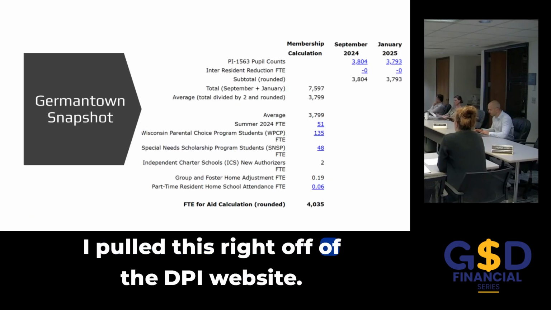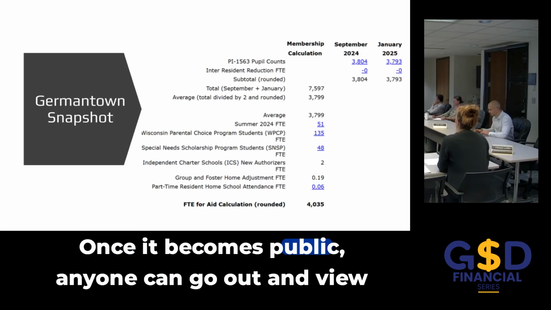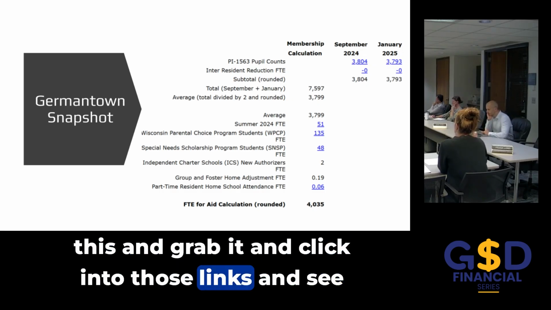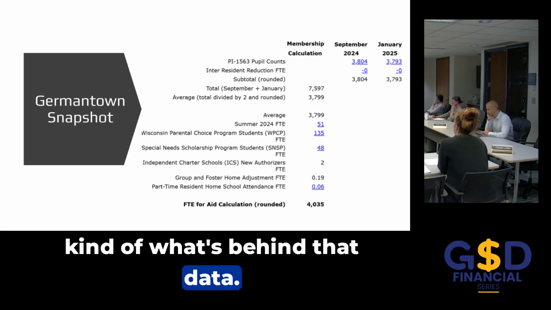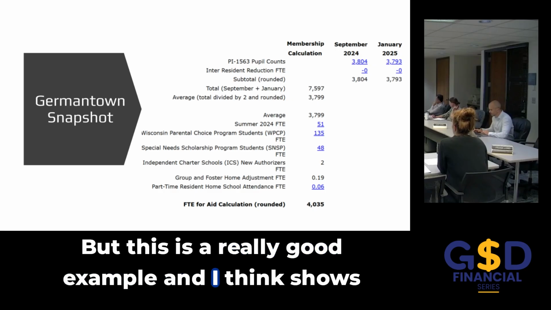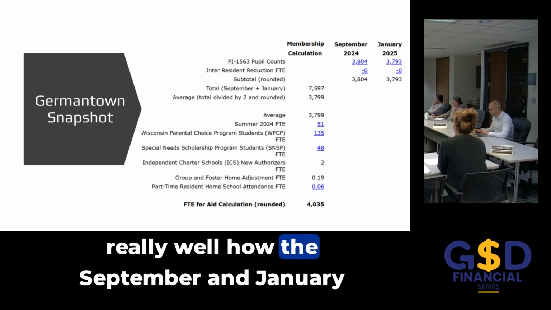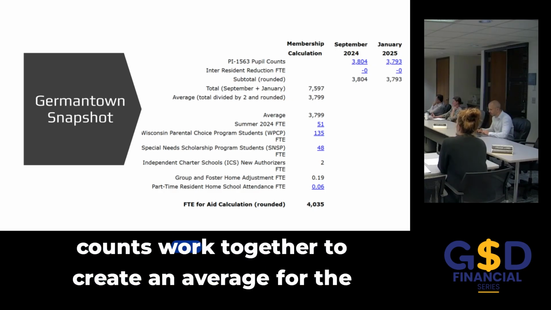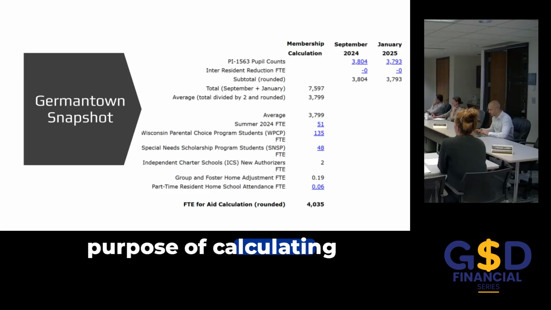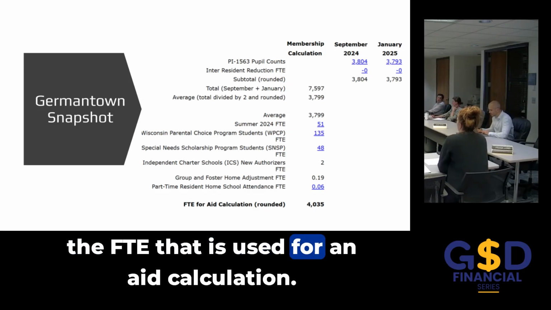I pulled this right off of the DPI website, so once it becomes public, anyone can go out and view this and grab it and click into those links and see what's behind that data. This is a really good example, and I think it shows really well how the September and January counts work together to create an average for the purpose of calculating the FTE that is used for an aid calculation.